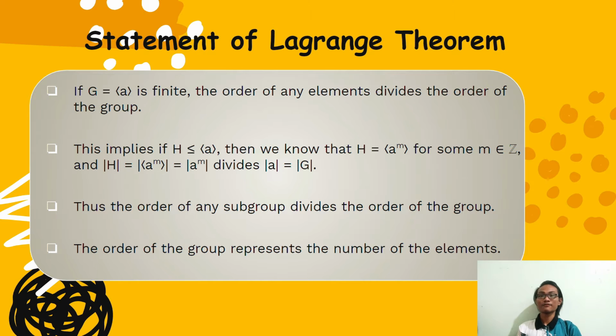This implies if H is a subgroup of A, then we know that H equals A power of M for some M element of Z, and the order of H is equal to the order of the subgroup that is generated by A power of M, and equal to the order of A power of M, which divides the order of A, that is equal to the order of G. Thus, the order of any subgroup divides the order of the group.